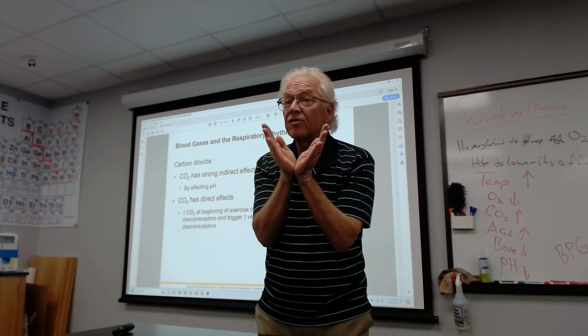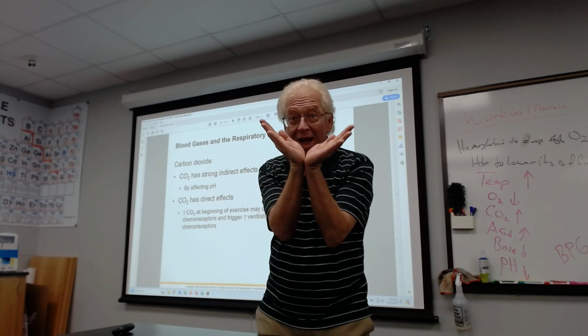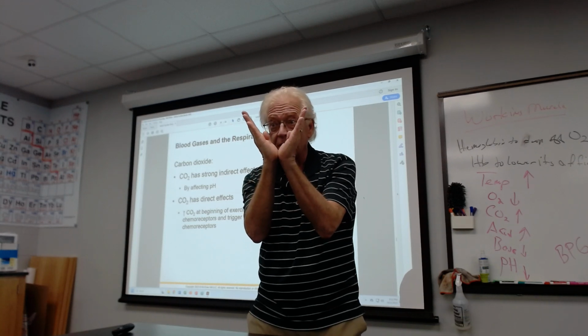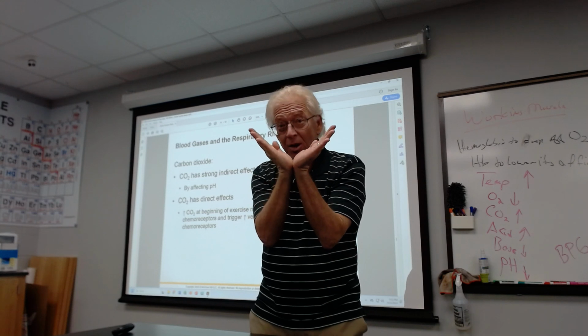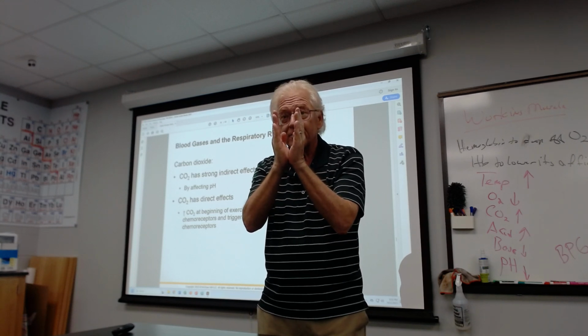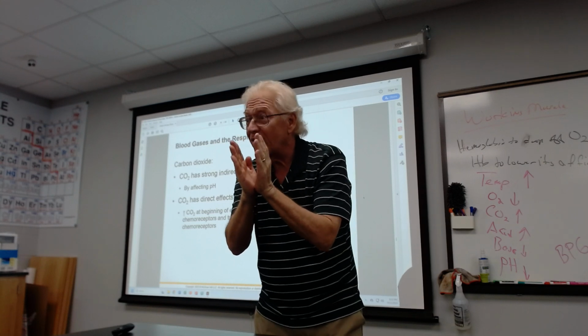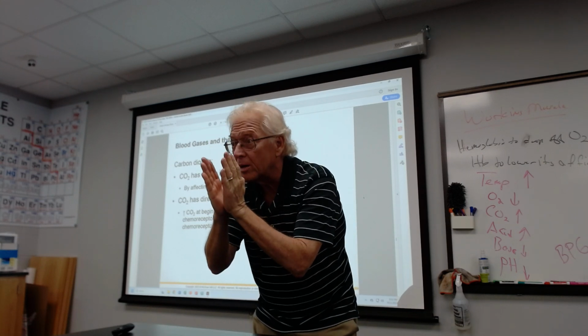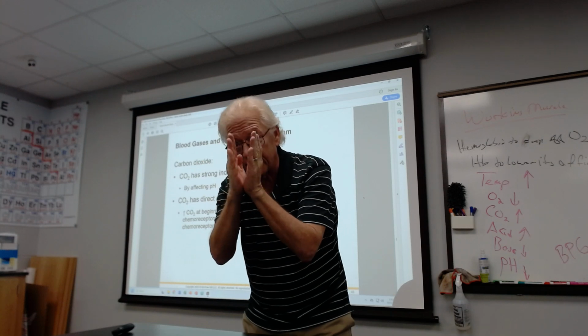End diastolic volume. At the end of rest, your volume is the biggest in your ventricle. So what do I call it when your ventricle has squeezed and there's still something left over? End systolic volume. Even at the end of systole, I still have some volume.